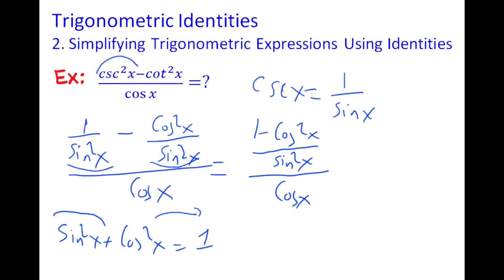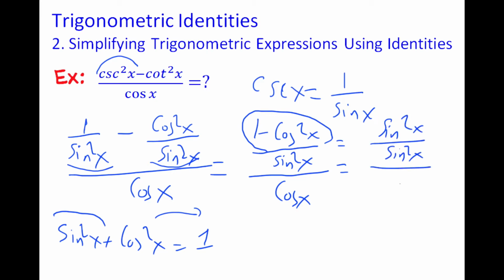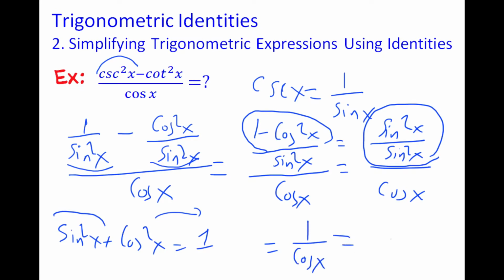It's going to be 1 minus cosine square x. So basically this numerator is actually sine square x. So from here, we're going to have sine square x divided by sine square x, divided by cosine x. And here we have 1 divided by 1, which is 1, right? So the result is going to be 1 divided by cosine x, which is secant x.